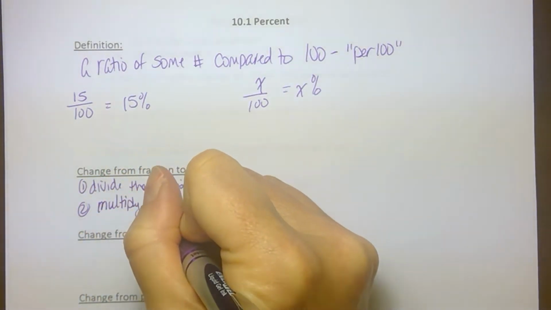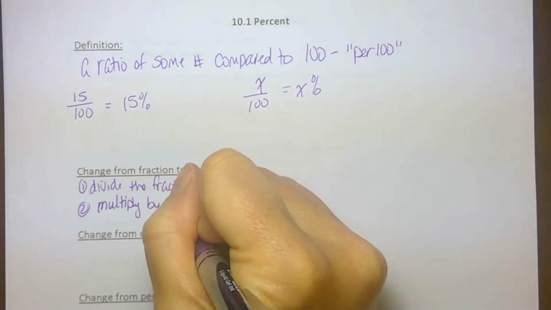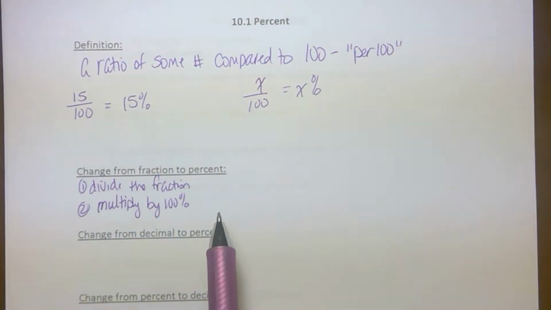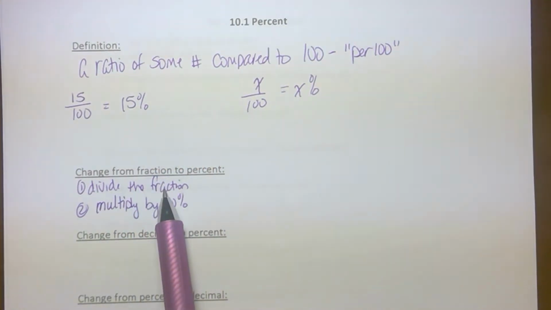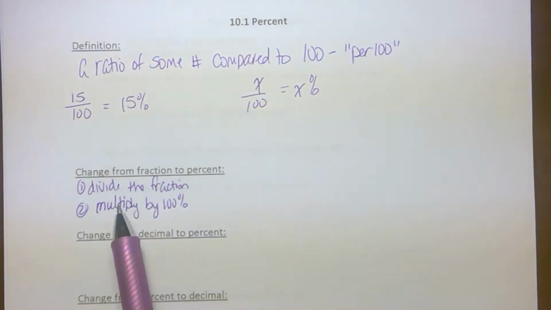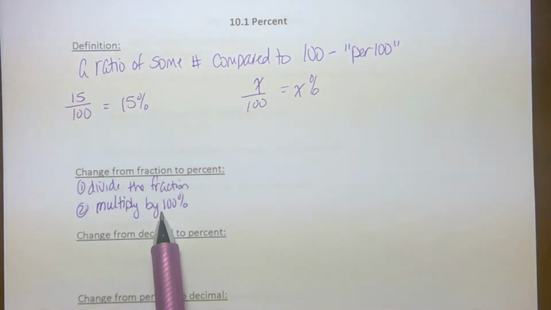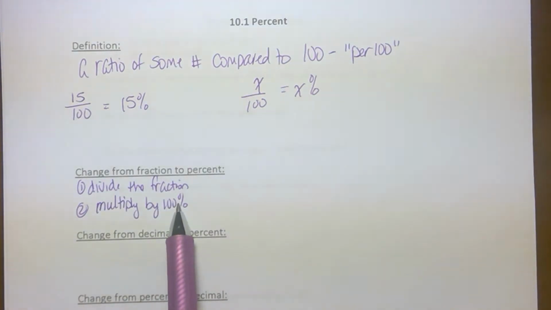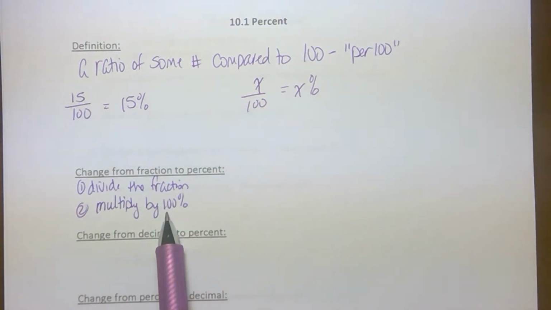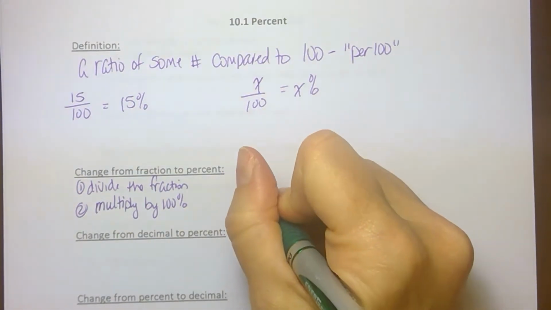So if I think about multiplying it by 100%, we move from a fraction to a decimal, and when we do this step, we move that decimal to a percentage. When I multiply by 100%, that moves my decimal place 2 places to the right, and it adds in my percent sign. Let's do an example here, and I'll show you on your calculator.